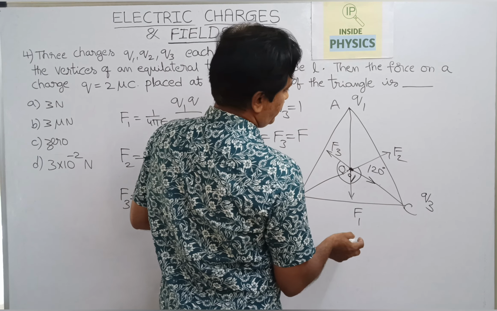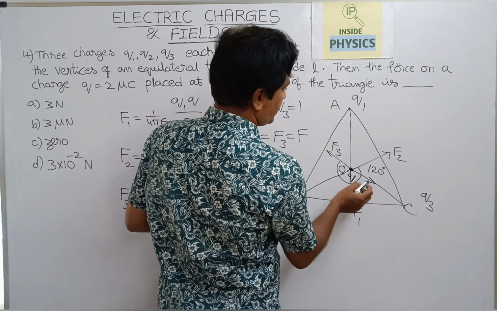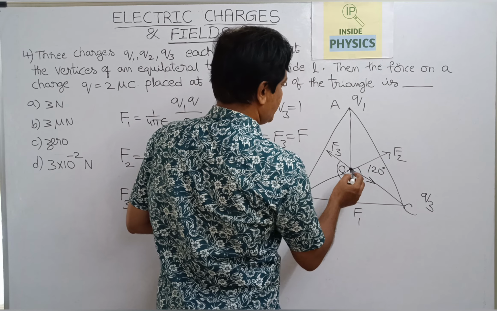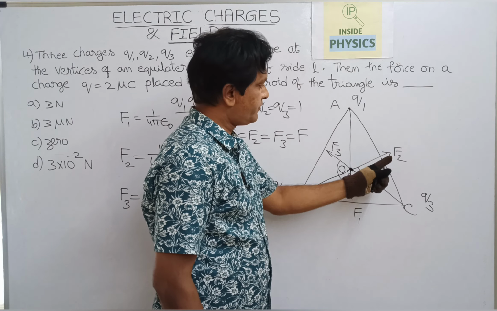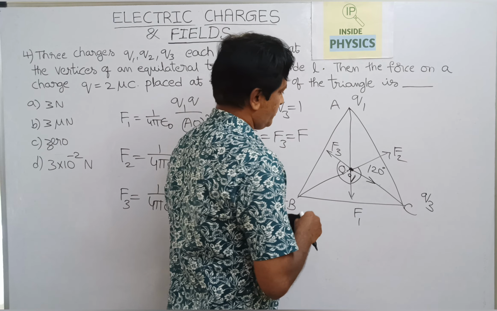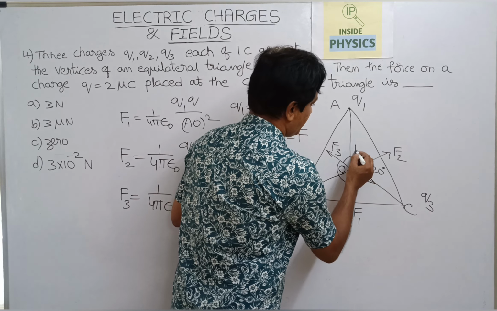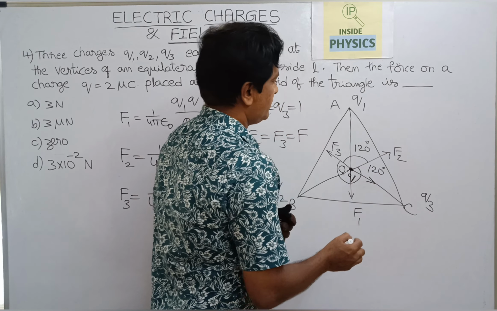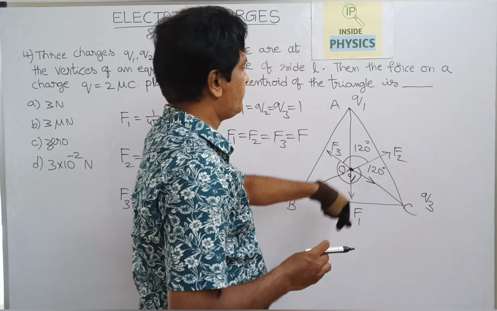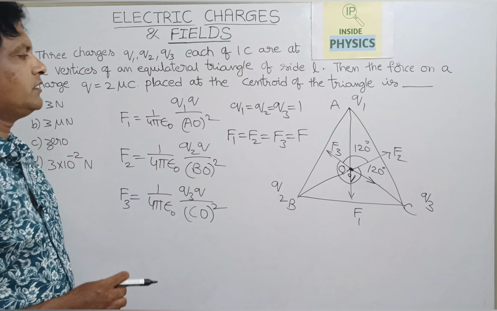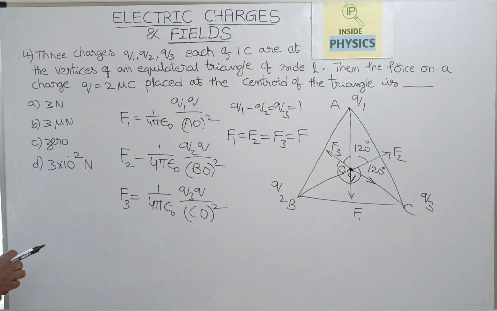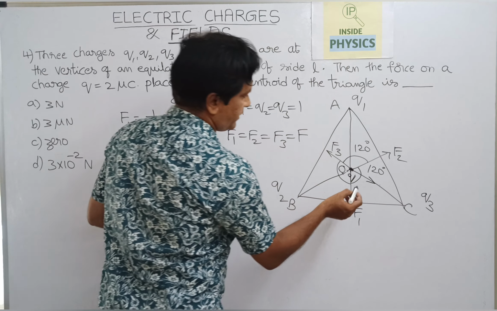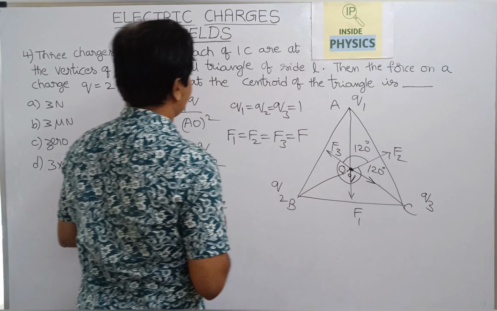All the angles between F1 and F3, F1 and F2, and F3 and F2 are also 120 degrees, because the charge is put at the centroid. So how to get the resultant of F1 and F2?